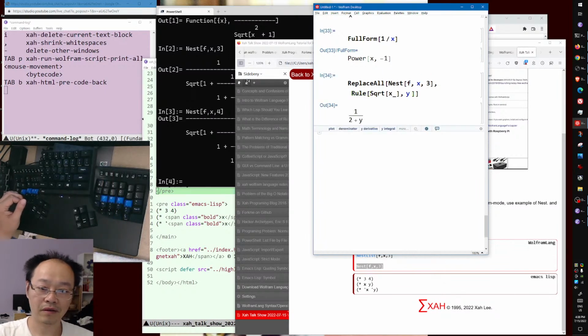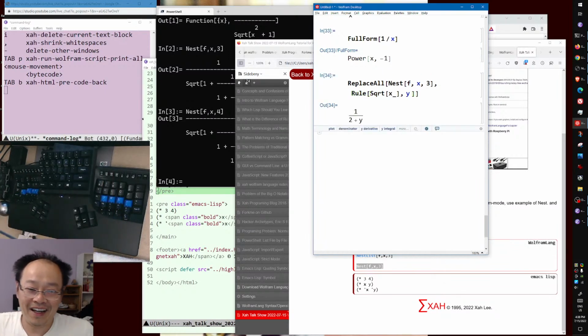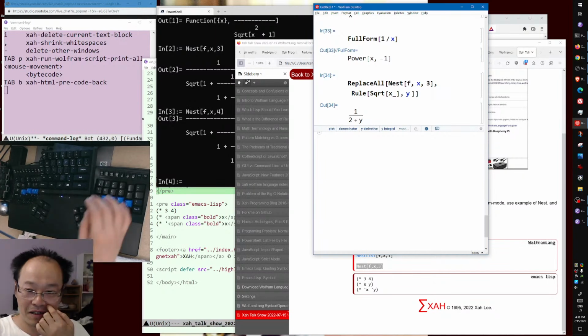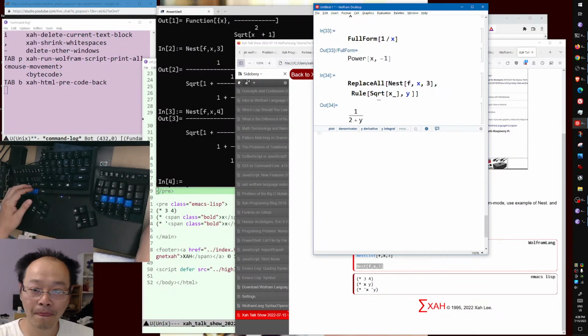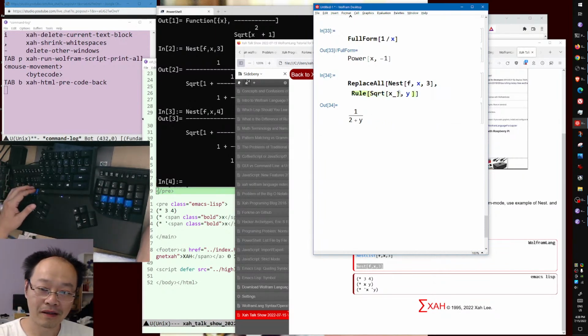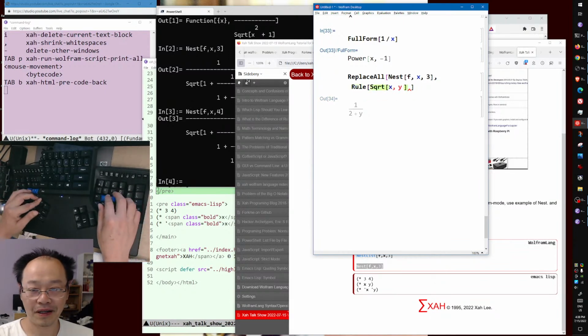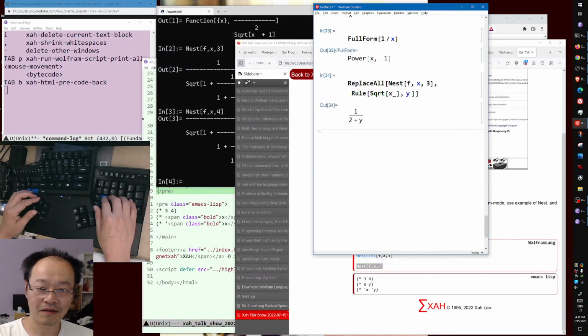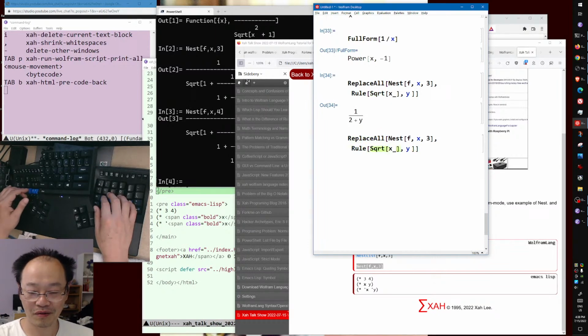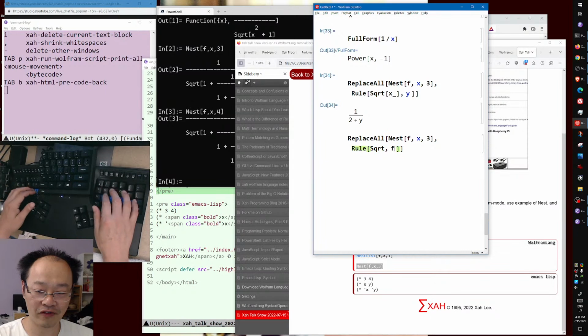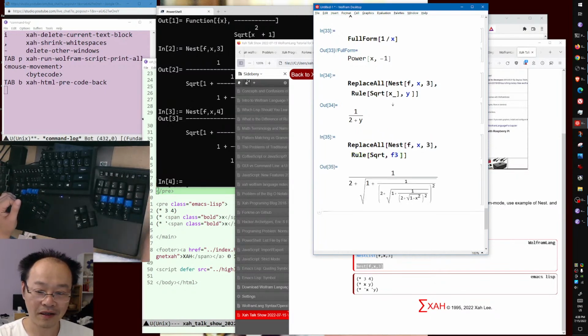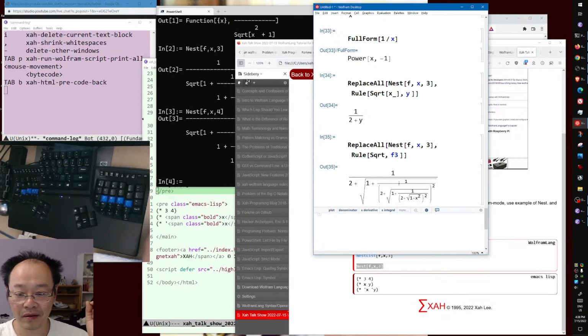Let's do it. Oh God, it's replaced. No, this is not correct. Let's say this, okay? Okay, so wait. What I want to show is you want to replace all square root by, let's say, some function f3. Okay, so what?